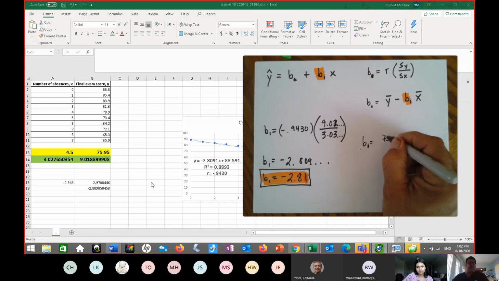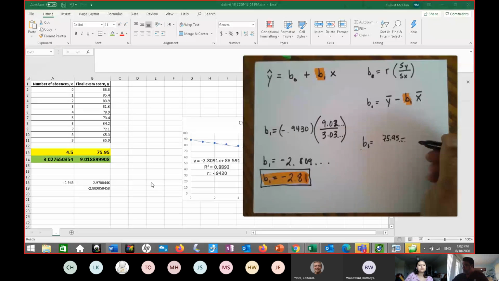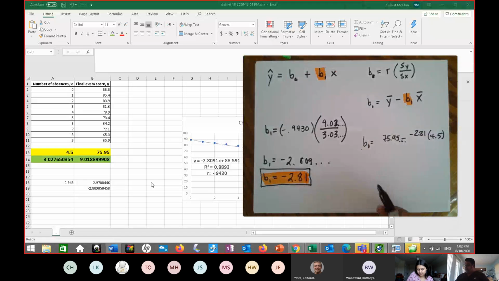Okay. And B1 is negative 2.81 times what? I'm looking 4.5. So I'm going to do this in the spreadsheet down here.